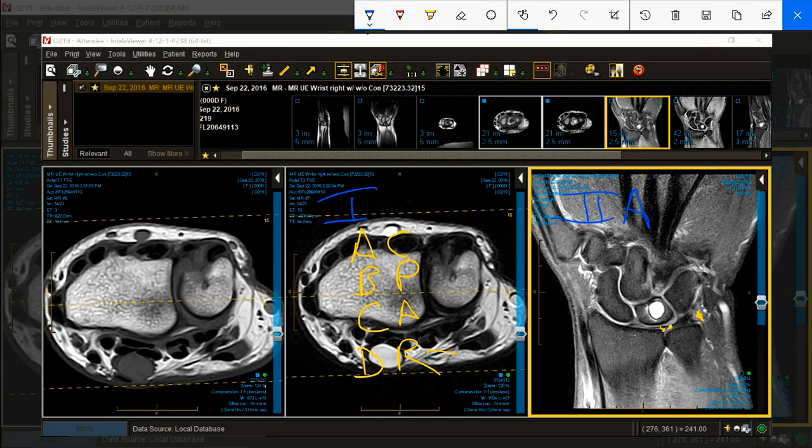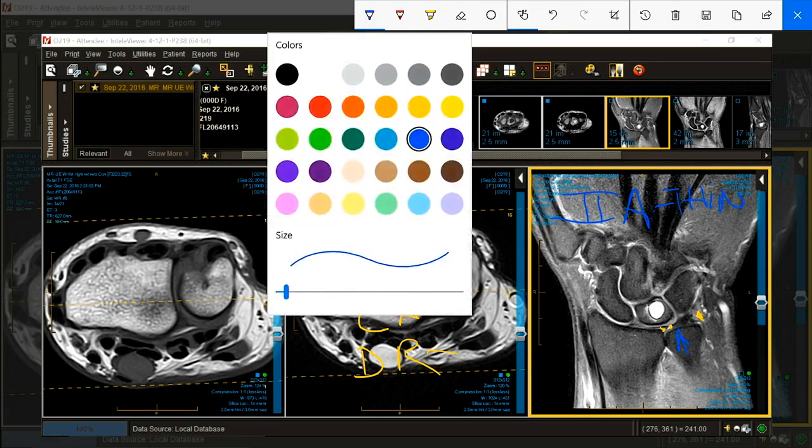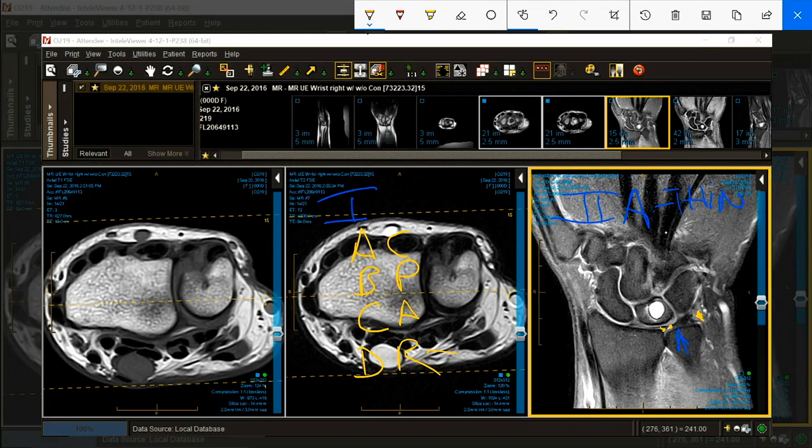What's an A? Well, in a Palmer 2, you've got a long ulna that causes abutment. It drives against the TFC. It thins the TFC. So first sign, 2A, thinning. So thinning A. B, chondromalacia. Of what?